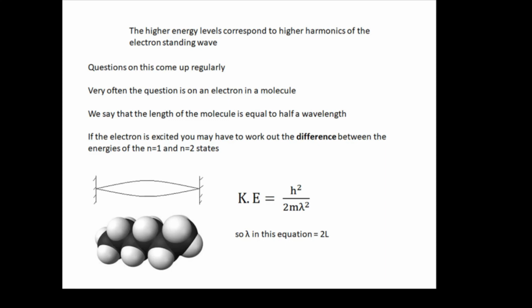In its ground state, the length of the molecule is half a wavelength, so lambda would be 2L. Very often you do it for n equals 1 and n equals 2, and you work out the difference between them, and that's the energy needed to excite it from n equals 1 to n equals 2, or the energy emitted if it falls from n equals 2 to n equals 1.